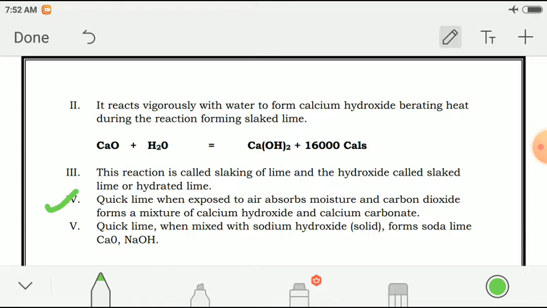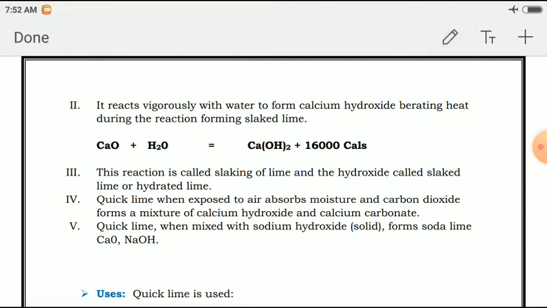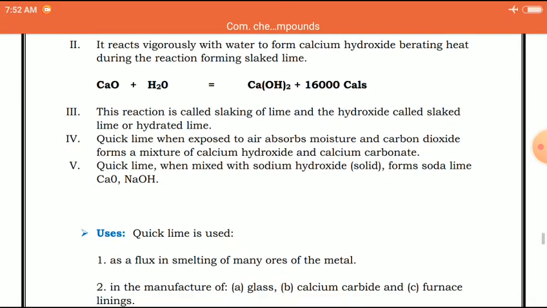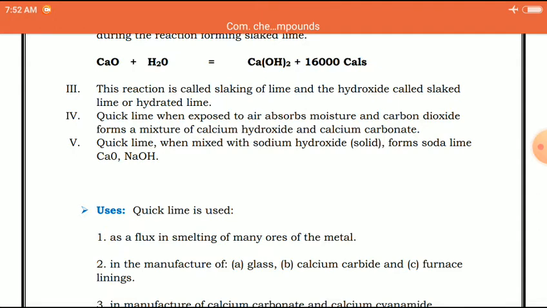Quick lime, when mixed with sodium hydroxide, forms soda lime, a mixture of calcium oxide and sodium hydroxide. So these are the total 5 properties of calcium oxide.